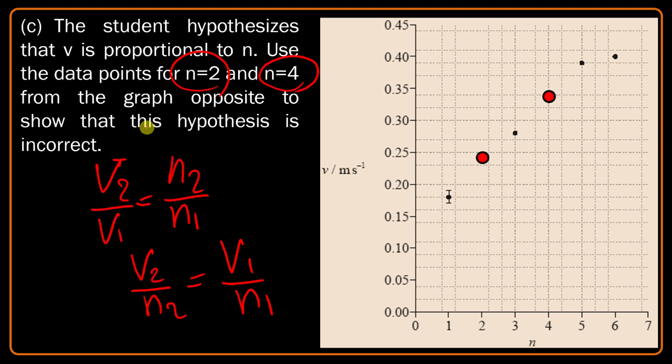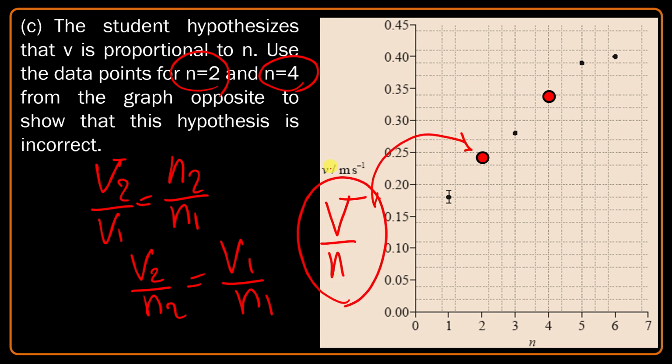I have two values for N and the corresponding values of V. So I take V over N. If V over N at this point has the same value as at this point, it will be a linear and proportional relation. If it is not, I cannot say that it is proportional. It may be linear, but not proportional. Proportionality has an extra condition beyond a linear relation.